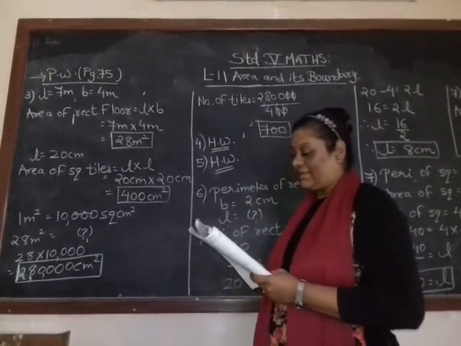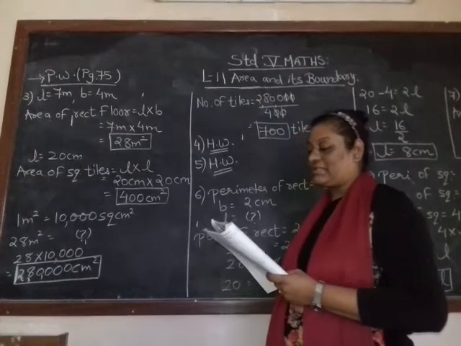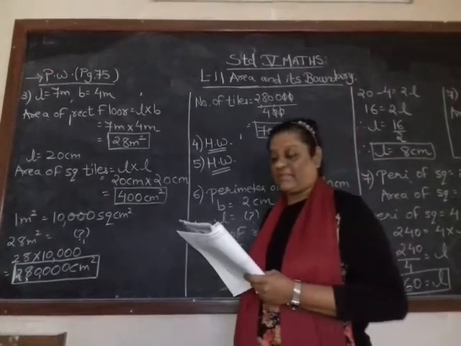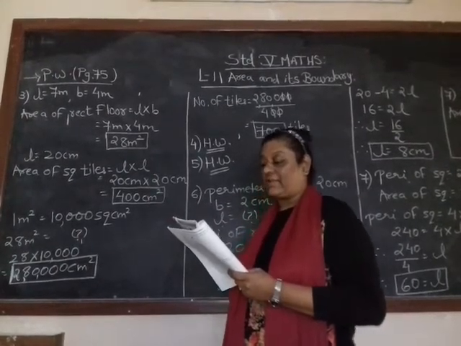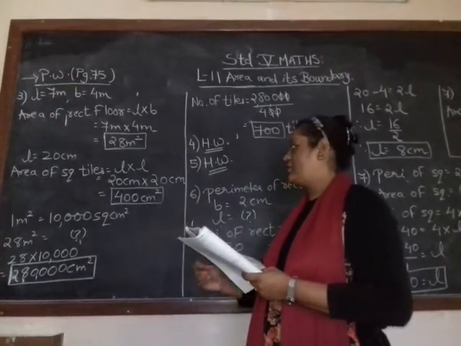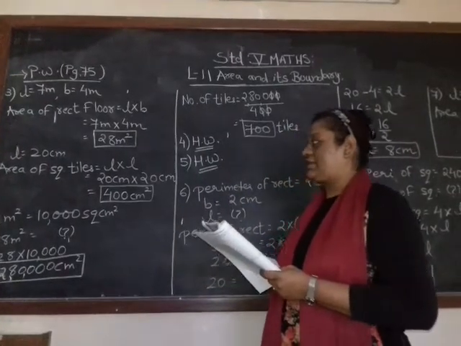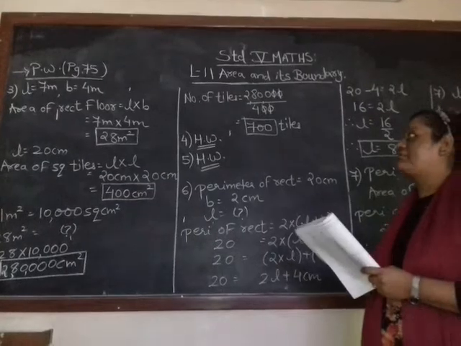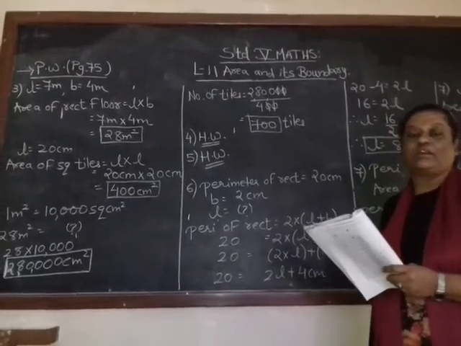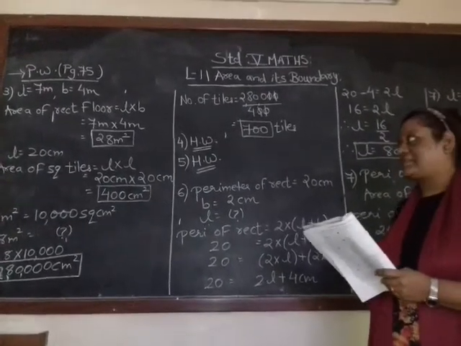So the sum is about how many square tiles. You know the question begins with how. So how many square tiles having a length of 20 centimeters. So ultimately, after solving the sum, we want to check how many square tiles will be required in the rectangular floor to be fixed.